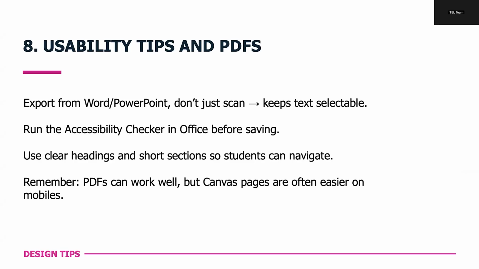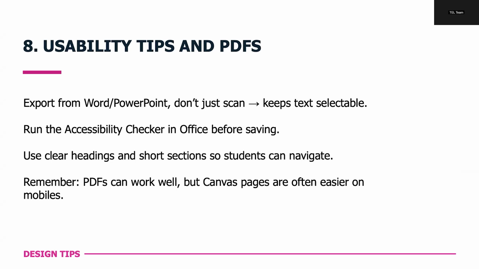A few important tips when you're generating PDFs. You can, of course, export from Word or PowerPoint, but maybe don't use scanned content, or if you do, try and use an OCR tool within your PDF authoring software to keep the text selectable.